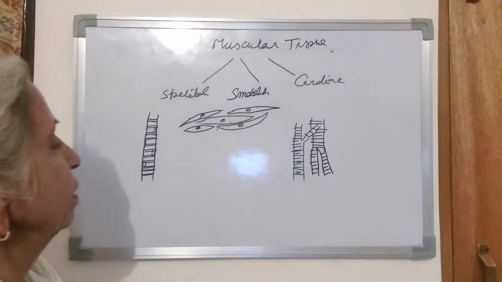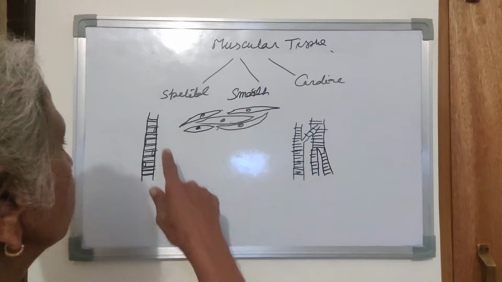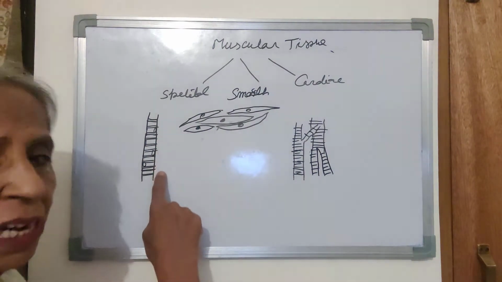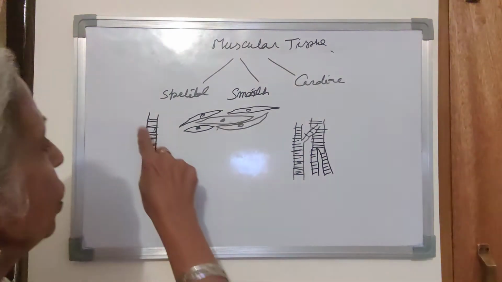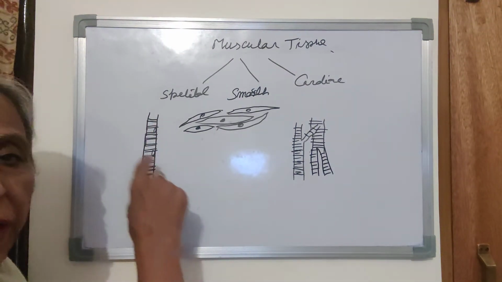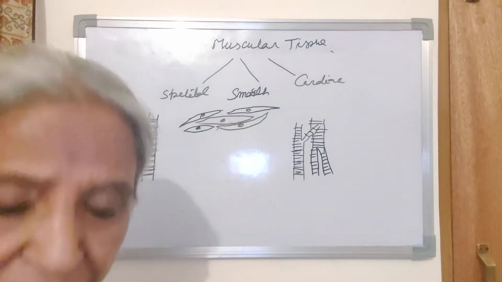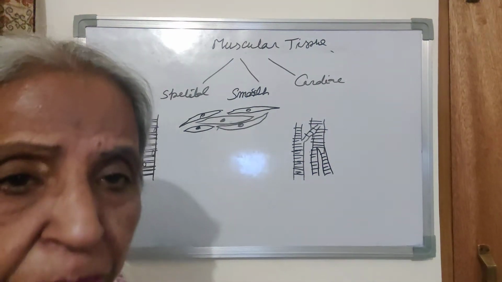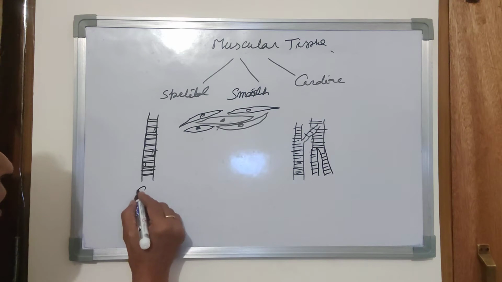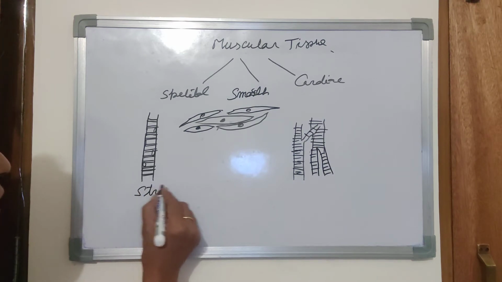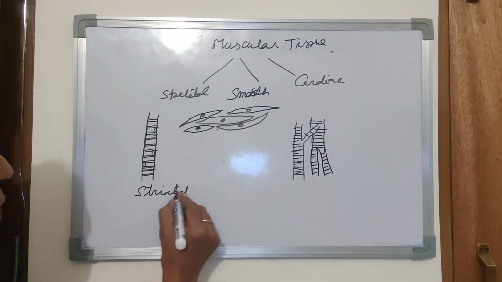They are formed of cells which are long and cylindrical, showing alternate light and dark bands. So the appearance is striated. Striations are formed, that's why it is also called striated muscle.